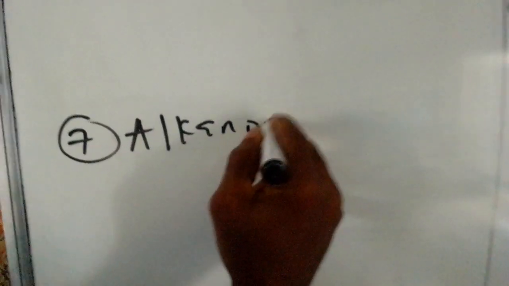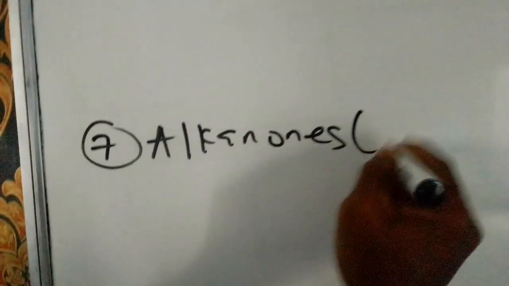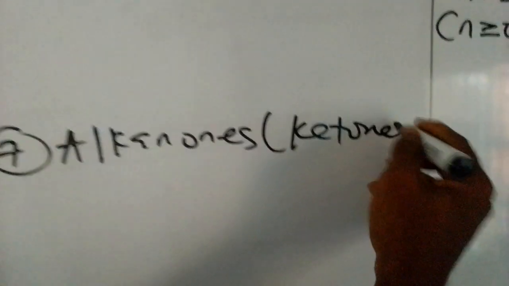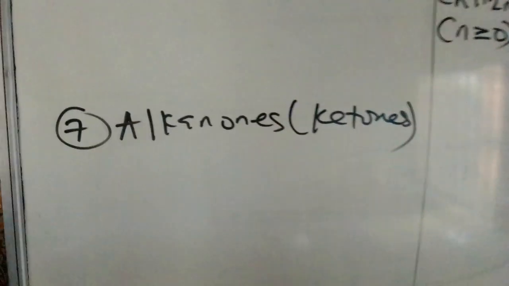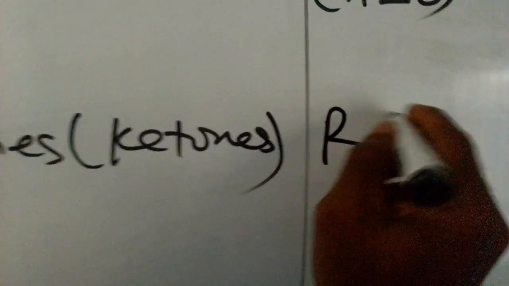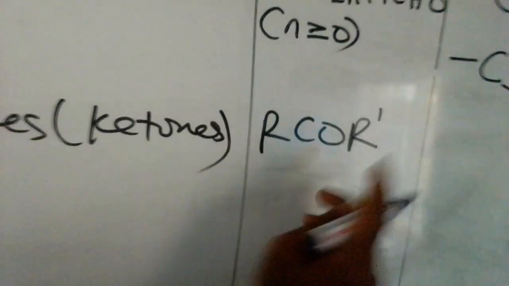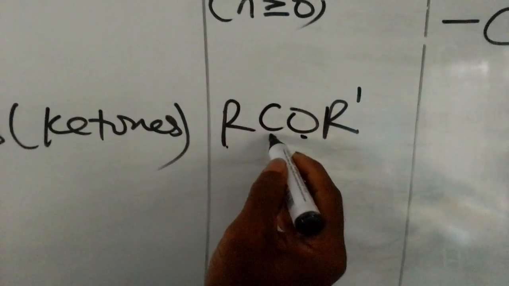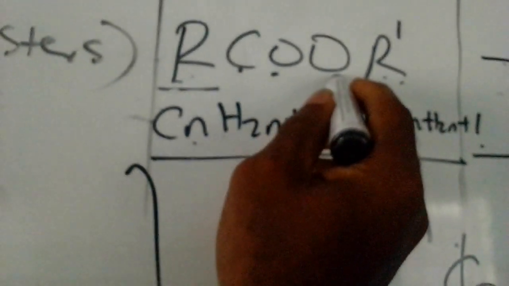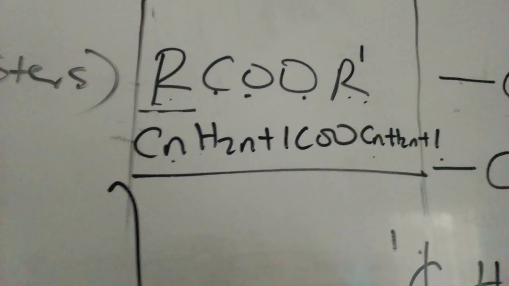Then number 6 family is alkanones. Alkanones were formerly called ketones. The aliphatic alkanones have the general formula RCOR. Remember that they are not esters. Look at alkanones: they have 1 oxygen in the middle, 1 carbon and 1 oxygen. Then look at esters: 1 carbon and 2 oxygen. They are different compounds.